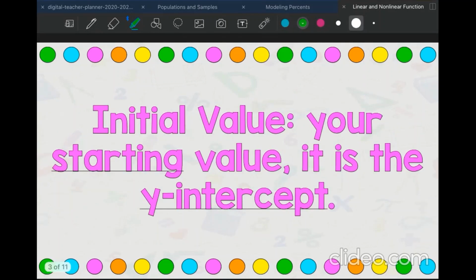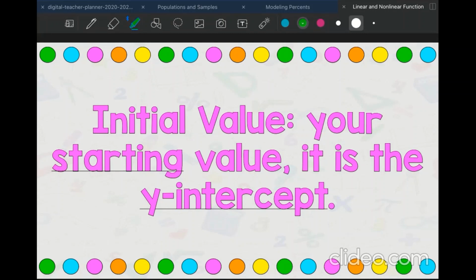Next, let's talk about initial value. Initial is the starting value. It's always your y-intercept. When you think of the word initial, what do you think of? When I think of initial, I think of my initial price, my beginning, my starting point, the initial amount I'm going to pay.